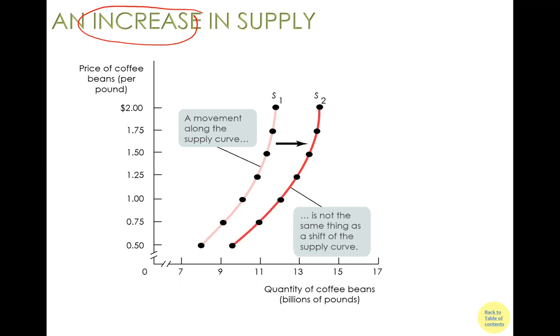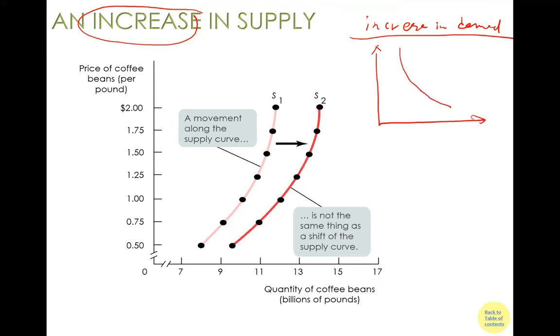Now, just to remind you how we interpreted an increase in demand. Let me just quickly draw a diagram here. We have a demand curve, and the curve shifts to the right, we say there's an increase in demand.